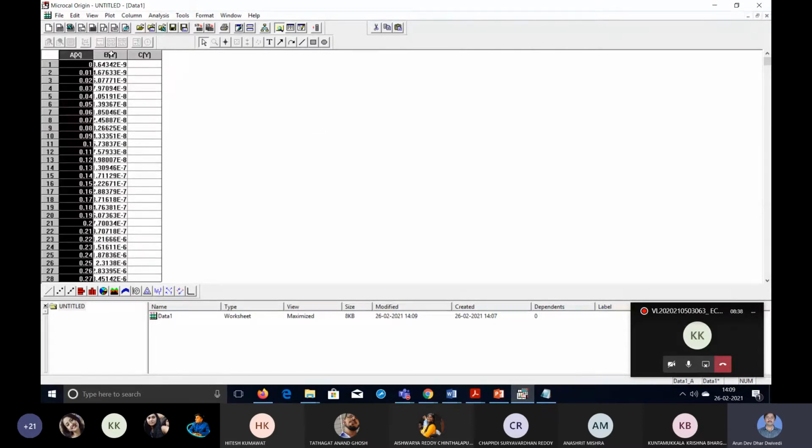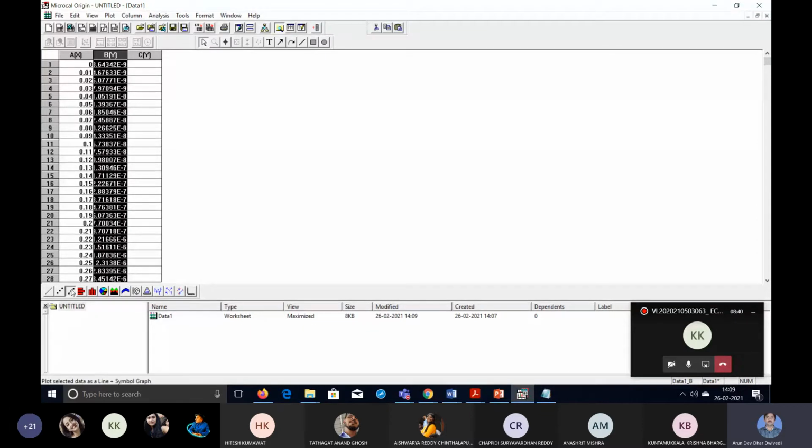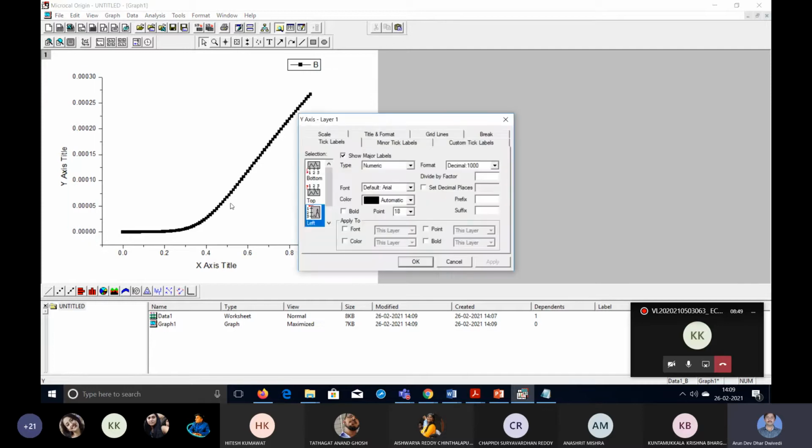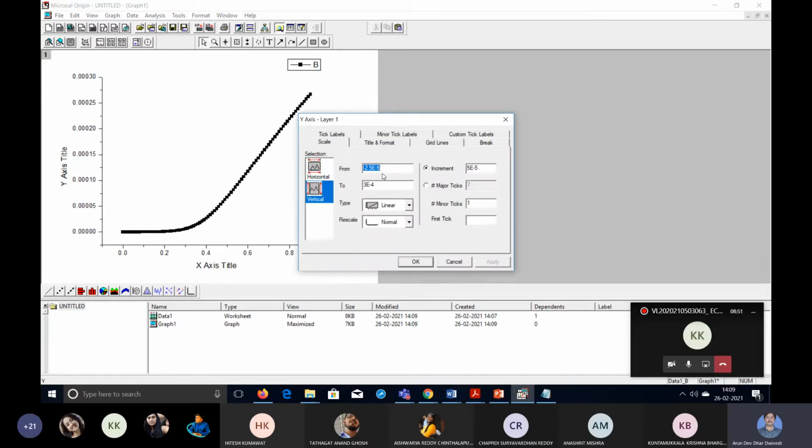Let us see how the IV looks. This is the IV. It is showing some scale below 0, but we can also change the scale on the y-axis. It is showing some negative value, but we can put the minimum of the y-axis as 0.